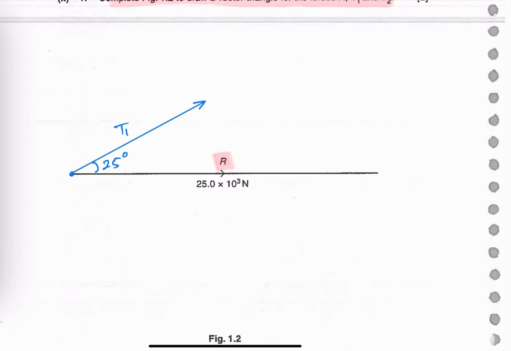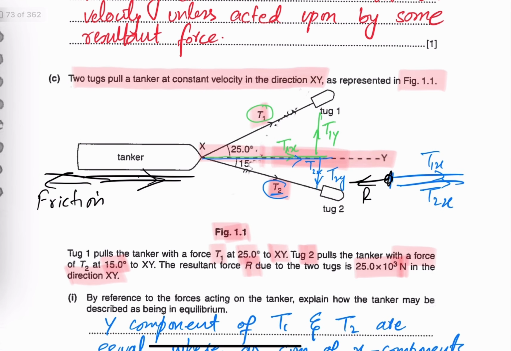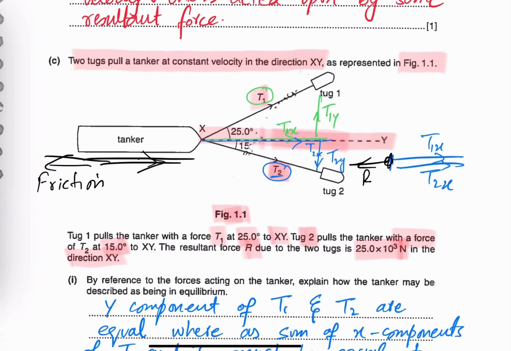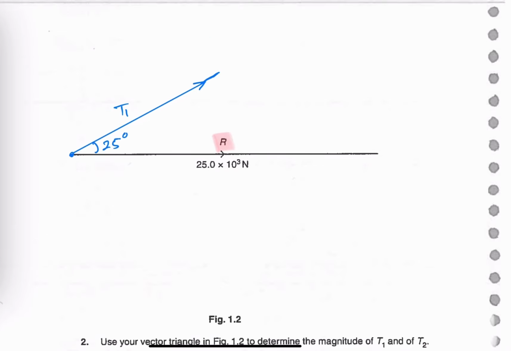Okay, from the head-to-tail rule, you have to draw the first vector, and at the head of the first vector you have to place the second vector. The second vector is T2, and T2 is acting downward from the x-axis at 15 degrees. So first of all we have to make an imaginary line here.